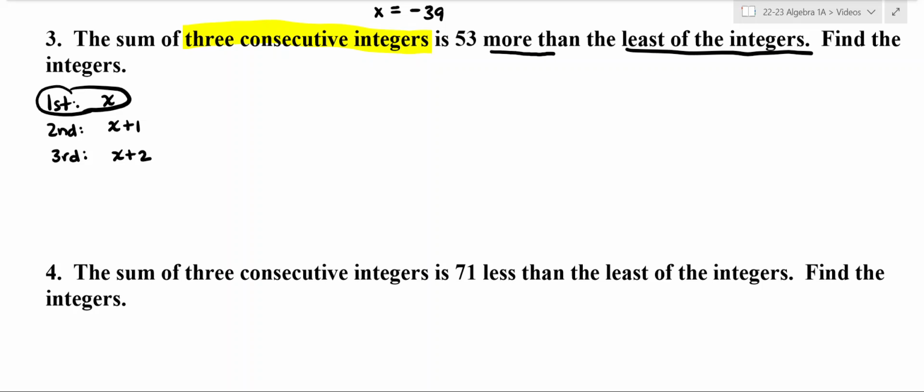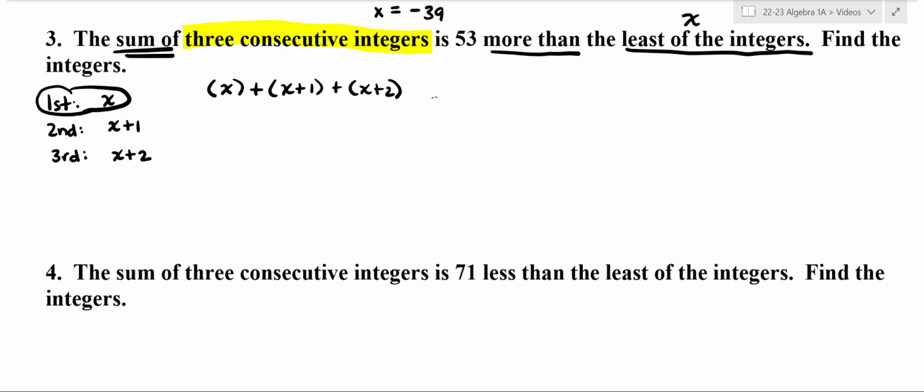53 more than means that we have to do x plus 53. All right, but first we need the sum. The sum of the 3 consecutive integers, right? There's 3 x's. All right, so we have x, x plus 1, x plus 2.